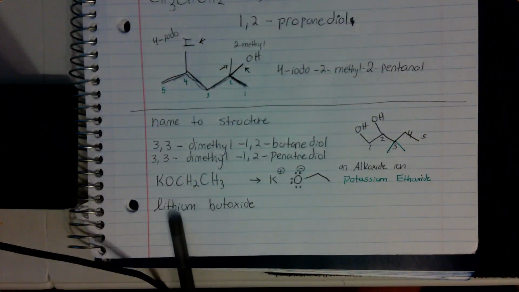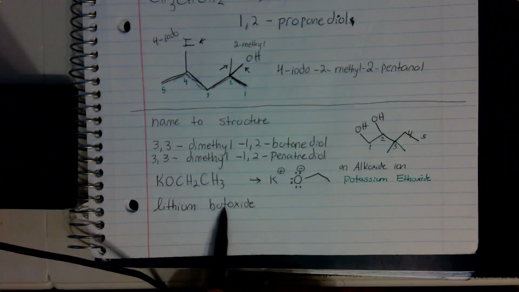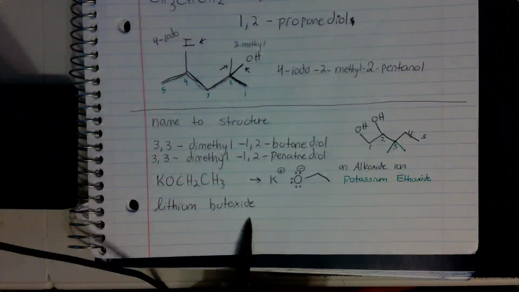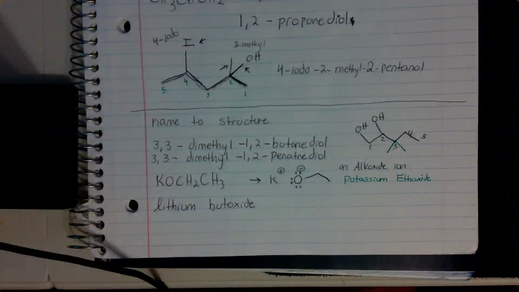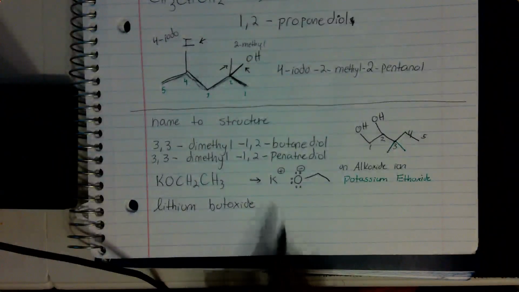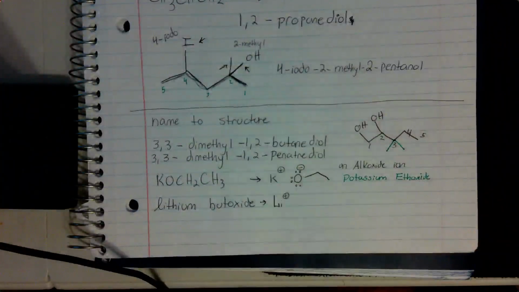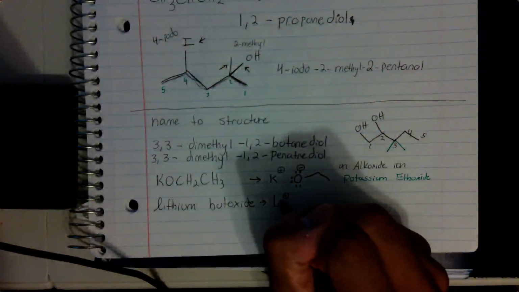We have lithium butoxide. So that means that I need a butane attached to my alkoxide ion. And then there's a lithium just spectating. So let's draw the lithium spectating right here. Here's the lithium. It's got the positive charge since it's a spectator.